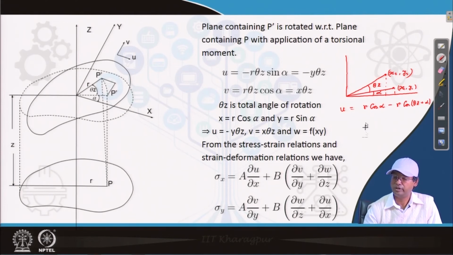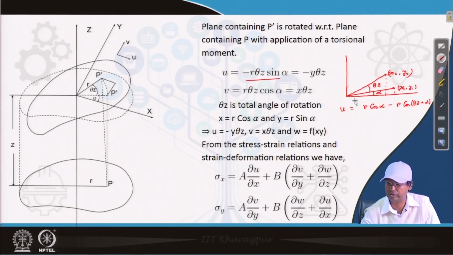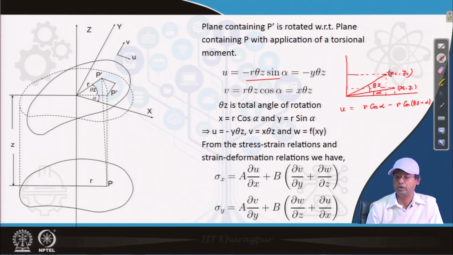So, if you simply do it, you will get this relation, and similarly v you can also find out. So, with that I think we can proceed, you can solve this easily.